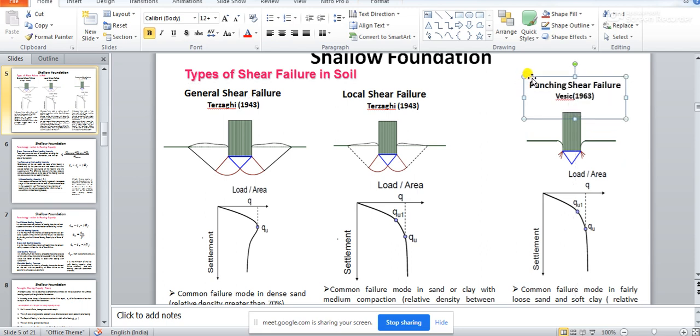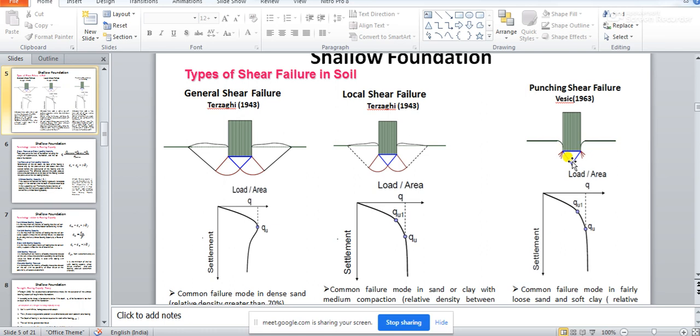And what is punching shear failure? Can you observe the difference between local shear and punching shear? In punching shear failure, you have only this triangular zone. The other two zones are absent. So instead of zone 1, zone 2 and zone 3, you are getting only zone 1, which is prominent in case of punching shear failure.